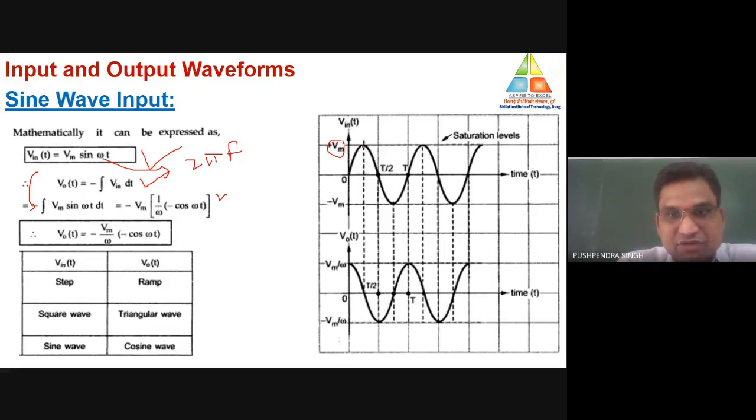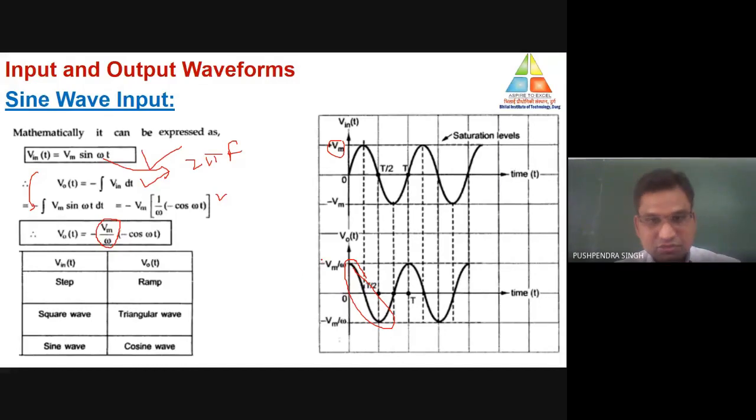That is why for a sinusoidal signal we are getting a cosine wave. But there is no phase shift. Why? Because this minus and minus cancel out. So this is the actual position from where the cosine wave starts in the waveform. So Vo is minus Vm by omega times minus cos omega t, where Vm by omega is the peak amplitude.